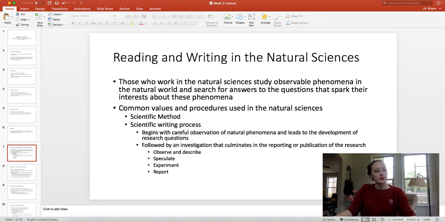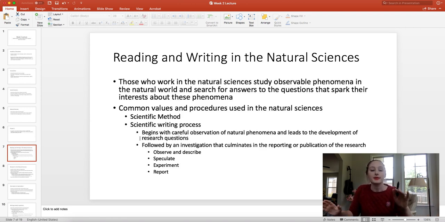Scholars in the natural sciences have some common values and procedures that they all use. I'm sure you've heard of the scientific method before. Well, there's something called the scientific writing process, and it has basically the same steps as the scientific method. All research in the natural sciences begins with careful observation of some natural phenomena, and that leads to the development of research questions, asking questions about why this phenomenon occurs.